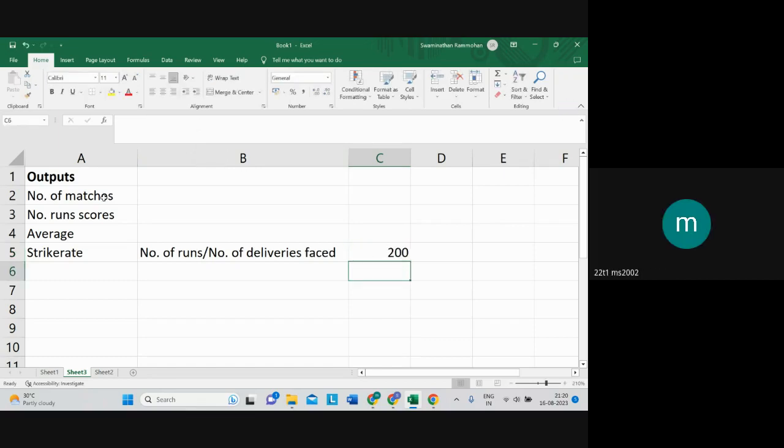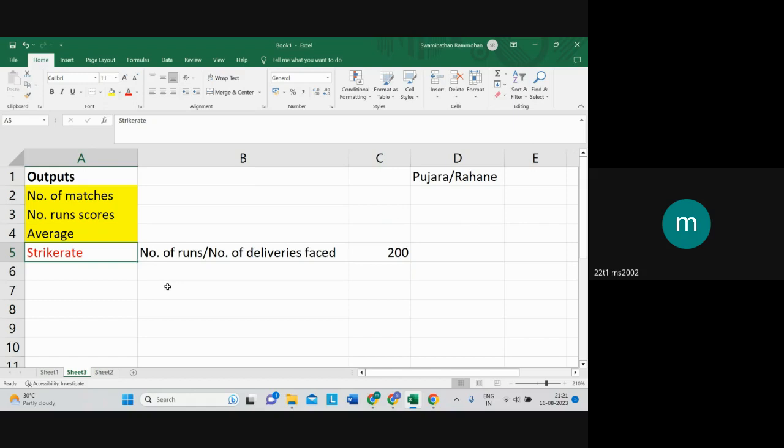So now imagine a test match. Imagine a player like Pujara or Rahane. These people would have played a lot of matches. They would have scored a lot of runs. Their average will also be high. But if you look at their strike rate, it's going to be very bad because it's test cricket. You don't have to finish everything in one day.